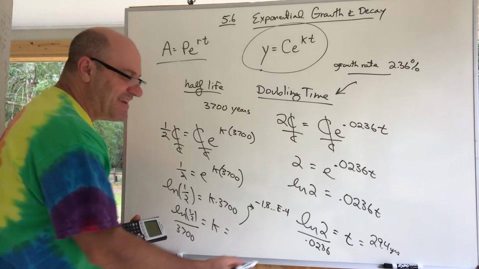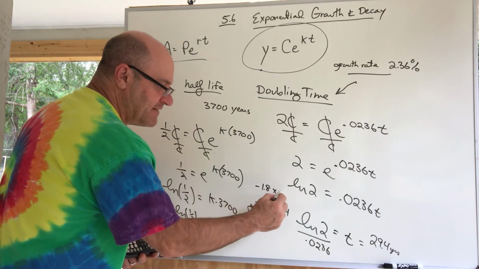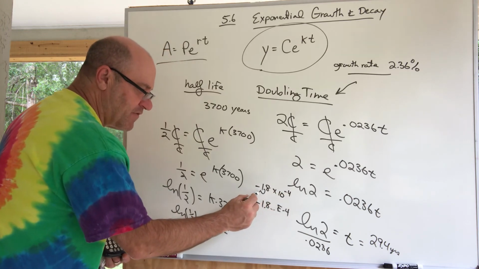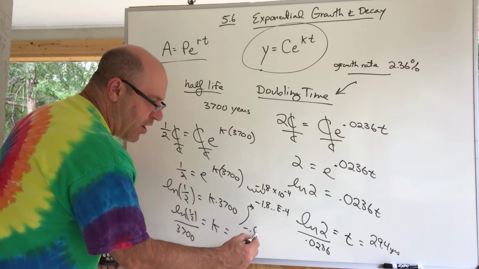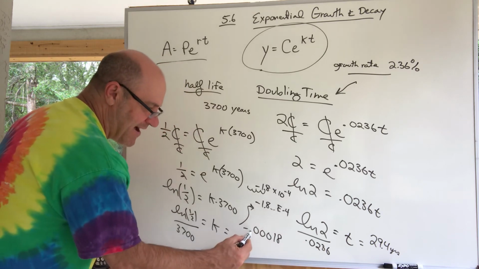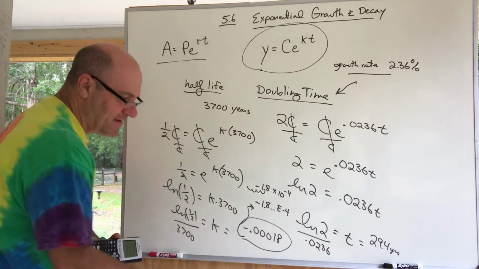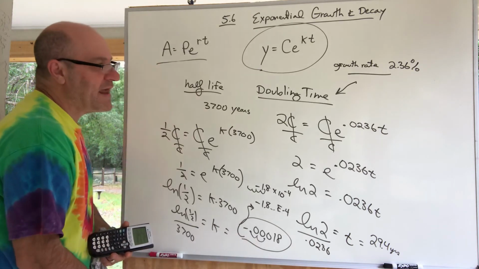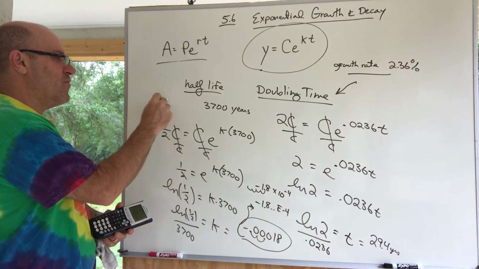That's times 10 to the negative 4, which means it's a teeny little number. I can move my decimal over 4 places, which means it's negative 0.00018. Wow. I wonder what the percent is. That's the K. If I move the decimal over, I can make it a percent. 0.018%. Wow.